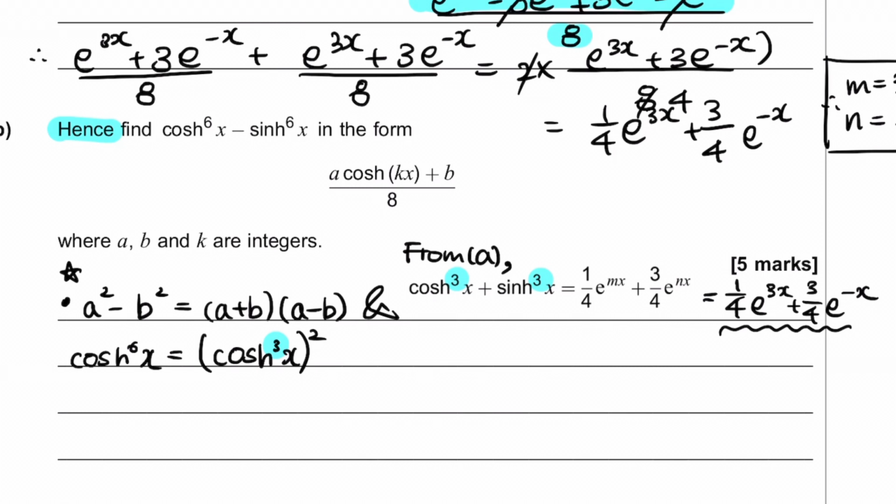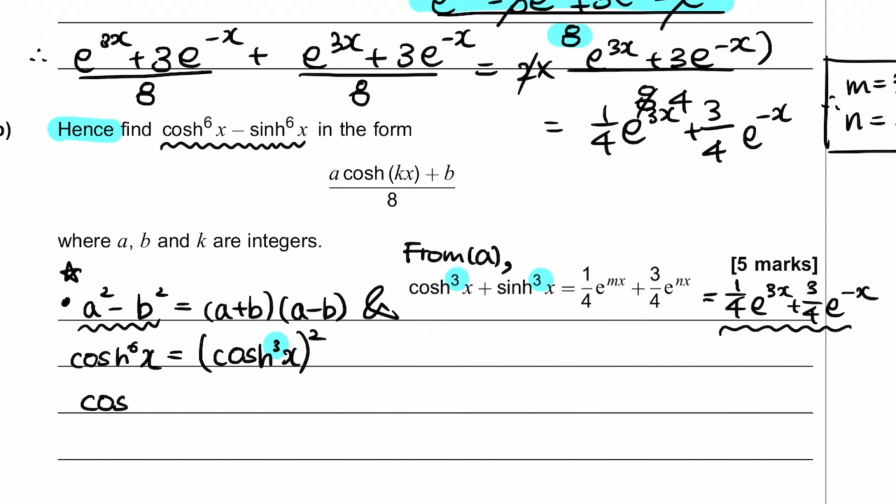So if you compare our question, cosine h to the power of 6 minus sine h to the power of 6 here, with the a squared minus b squared here, a is actually cosine h to the power of 3 and b is sine h to the power of 3.